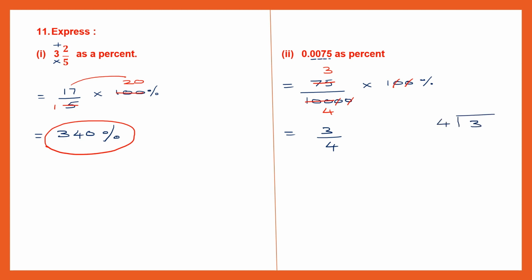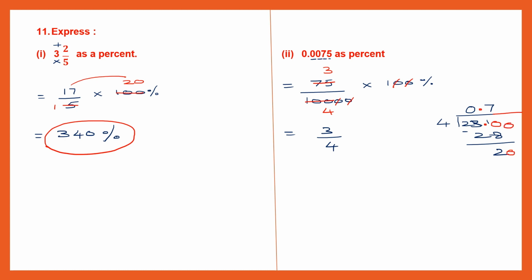So begin this division. 3 is smaller, so I'm putting a 0. I'm going to continue my division by putting a point here. Carry that point up, put a 0. Now read your number. It's 30. 4 sevens are 28, minus. So here let's subtract. 10 minus 8 is 2. We can continue the division since the remainder is not 0. So I'm going to put a 0 here, bring that 0 down.